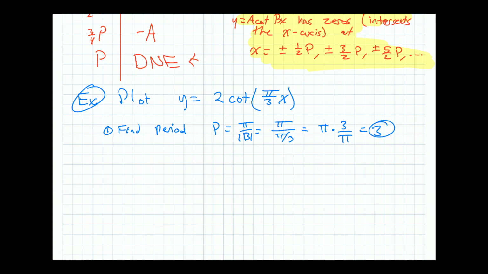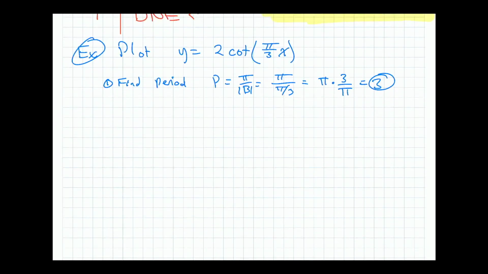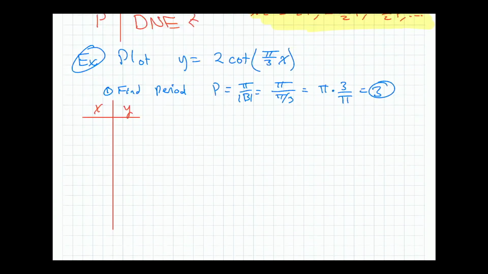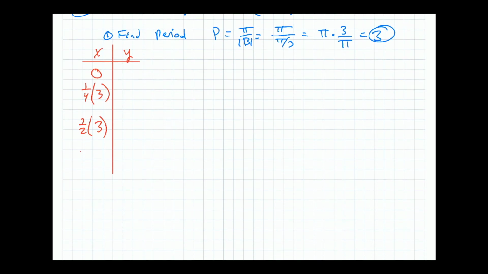Now once you have that, we should be able to get one period plotted just by making a table. Make a table, sorry. All right, x, y. So what are we going to do? Start at 0. 0, then you have a quarter of the period, which is 3/4. Then you have a half of the period, which is 3/2. Then you have 3/4 of the period, which is 9/4.